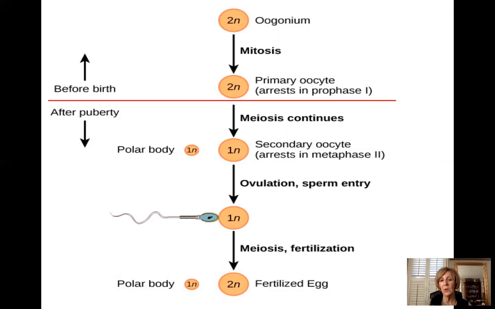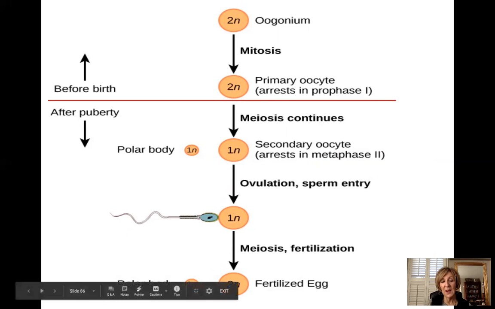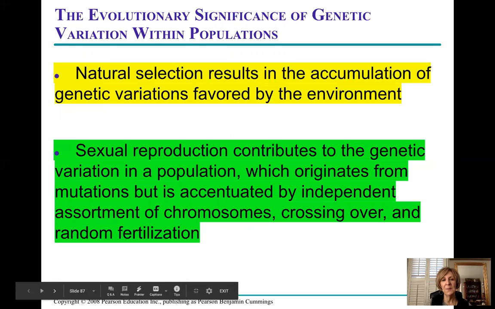A secondary oocyte is ovulated, and we have our first polar body, which disintegrates. Remember, one gets all the cytoplasm. And then if that egg, that secondary oocyte, is fertilized, then at the last minute the rest of meiosis is completed, and we have a fertilized egg with the correct amount of genetic material. Here's my second polar body that is going to disintegrate.